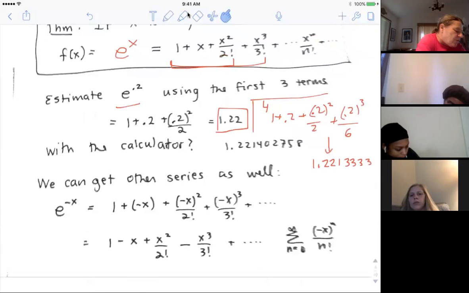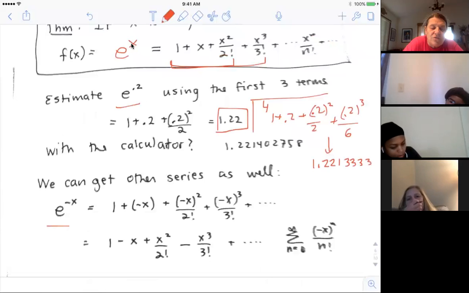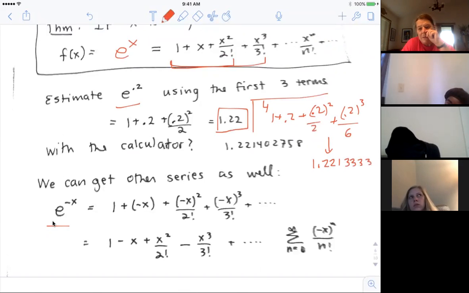All I have to do to get e to the minus x is replace every x with a minus x. Everywhere there was an x, I put a minus x in here. That will give me an estimation of e to the minus x.